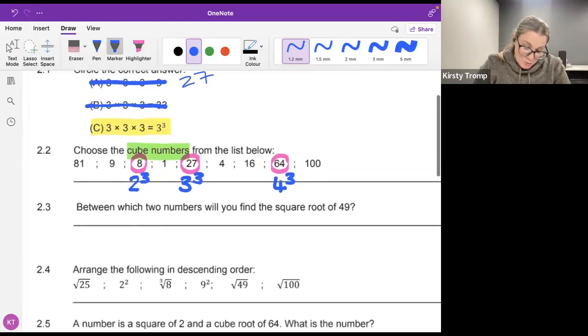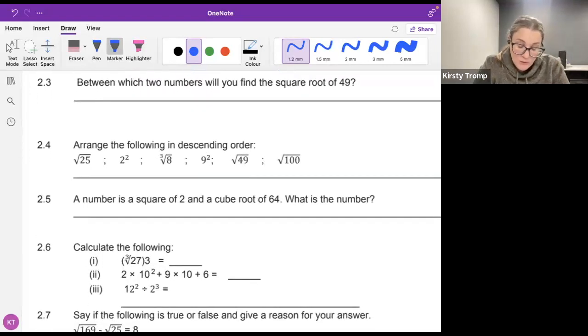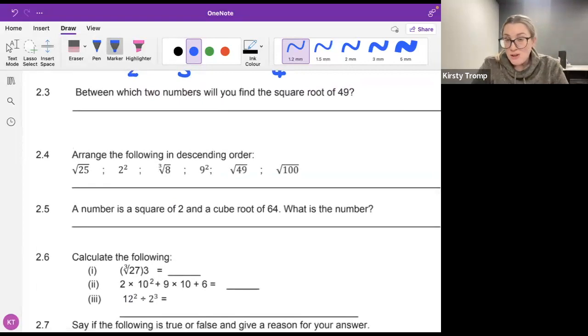All right. 2.3 says, between which two numbers will you find the square root of 49? Make sure you have read the question carefully. Let's go with Tatenda.